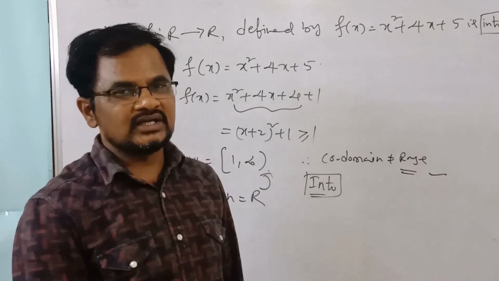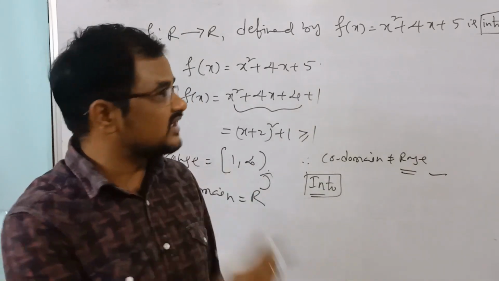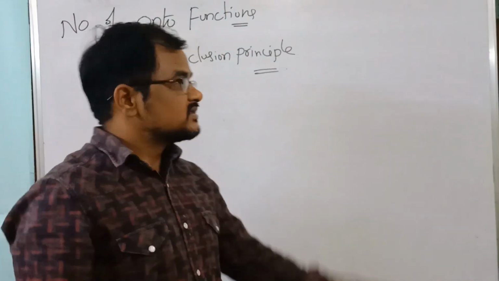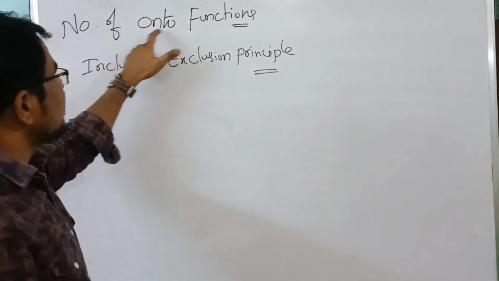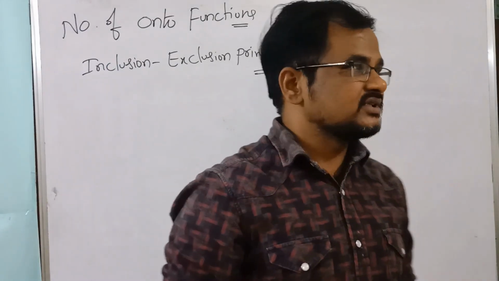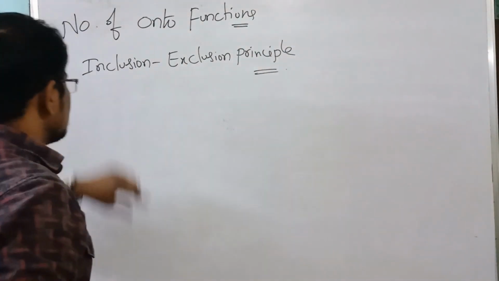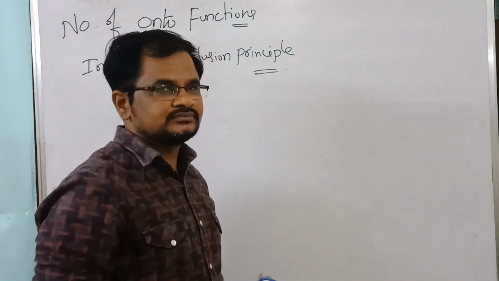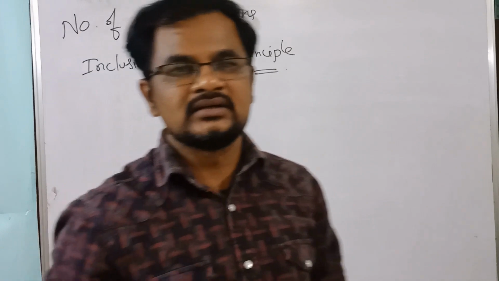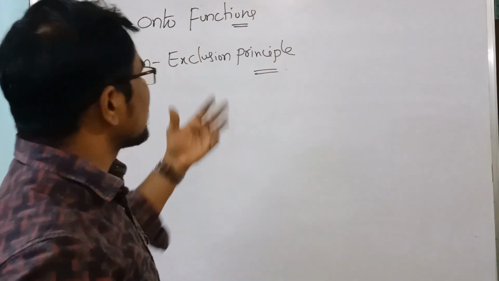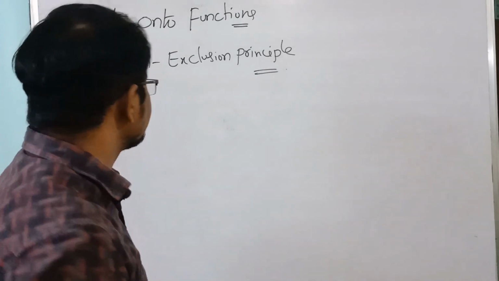Like this we have to identify or check or determine whether a given function is onto, or find the number of onto functions. How to find the number of onto functions? Before that, we should know about the inclusion and exclusion principle. In sets we discussed this, and in permutation, combination and probability also we used these formulas.